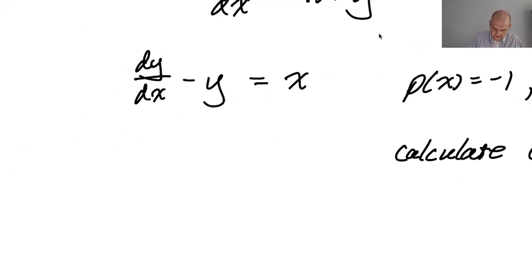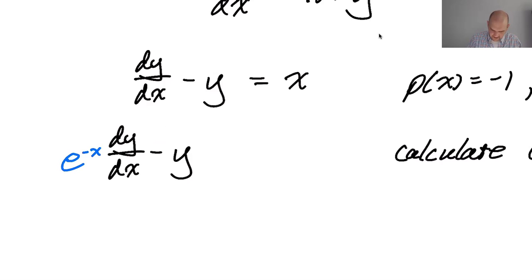So we have e to the negative x. I'm going to cheat a lot here and just duplicate some things. dy/dx, and then minus e to the negative x times y.